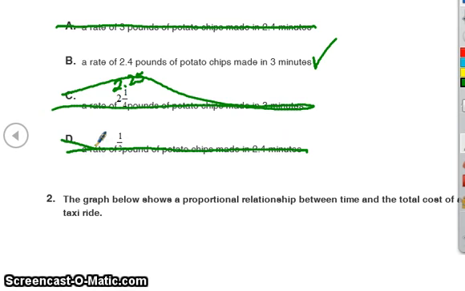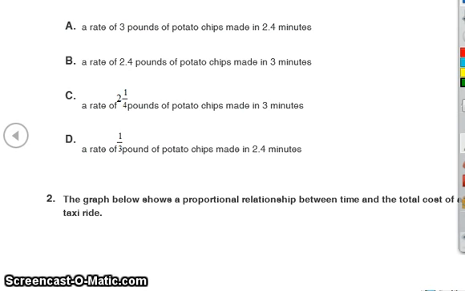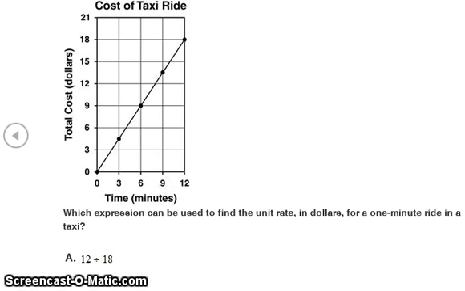Second question says, the graph below shows a proportional relationship between the time and the total cost of a taxi ride. And here's the graph. And it said which expression could be used to find the unit rate in dollars for a 1-minute ride in a taxi.